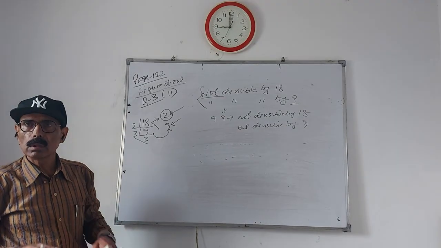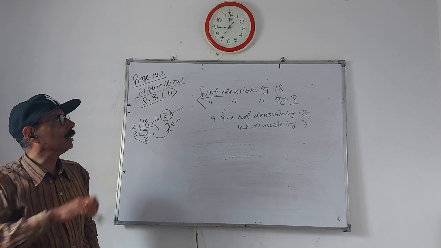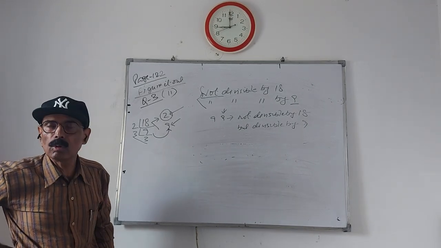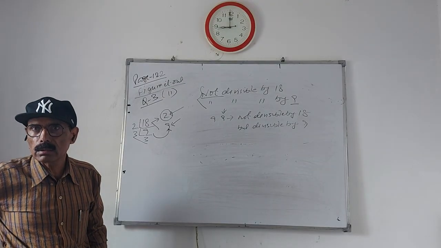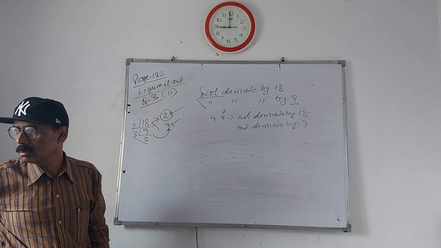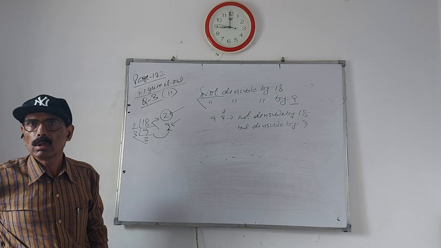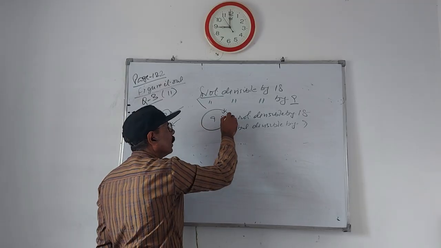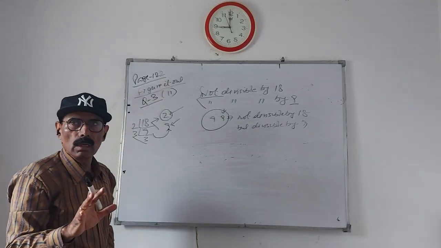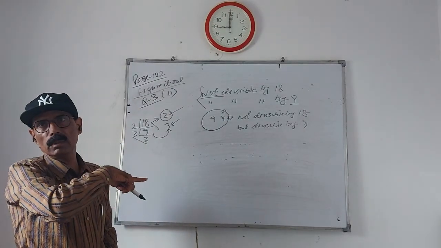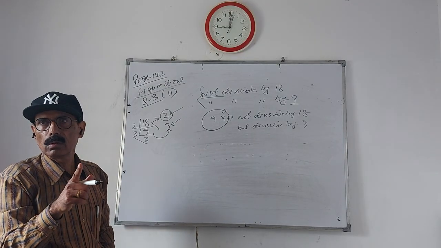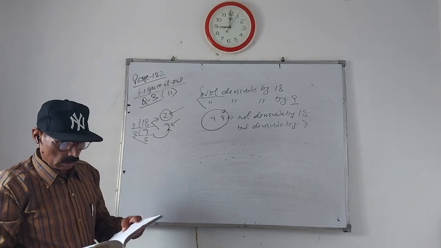That means the statement, if a number is not divisible by 18 then the number is not divisible by 9, is this statement correct? Sometimes true? No. It is never correct. Understood? Because here the number is not divisible by 18 but the number is divisible by 9. Therefore this statement is never true. It is not correct.